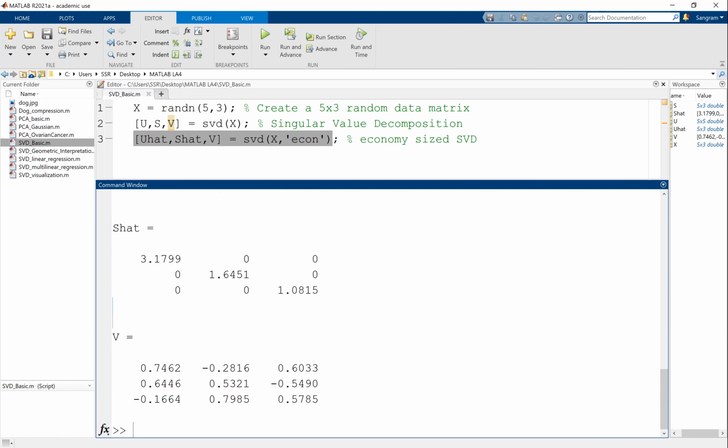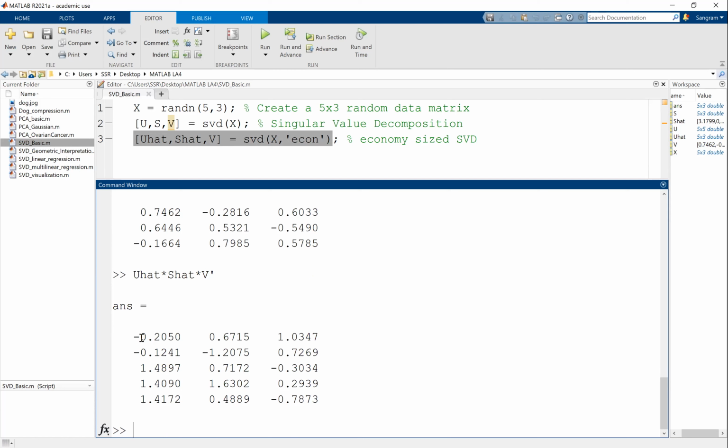So SVD by definition is, I'm going to show you, U hat multiplied by S hat multiplied by V transpose. Do you agree with me? So what I'm trying to do here is multiply U hat, S hat, and V hat. And once I enter, I got this matrix.